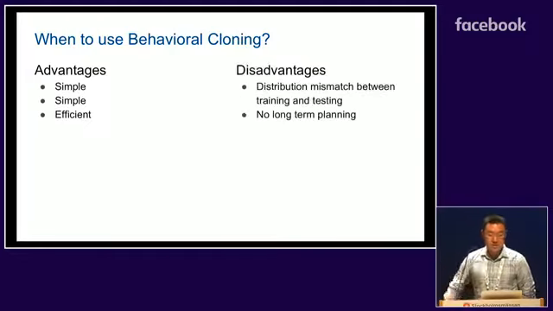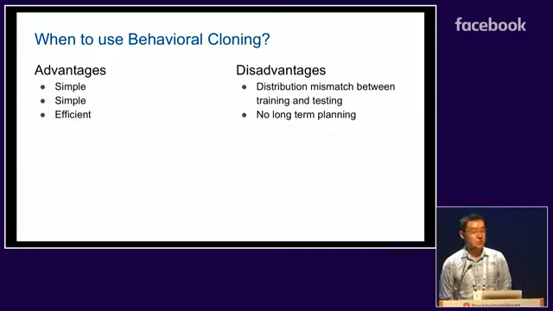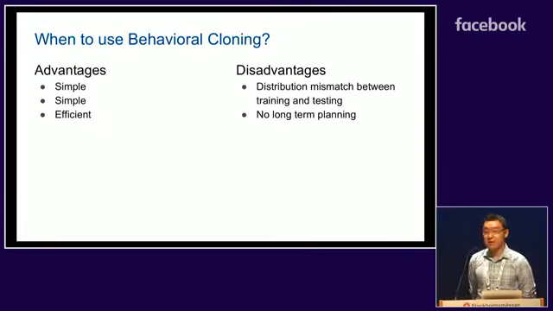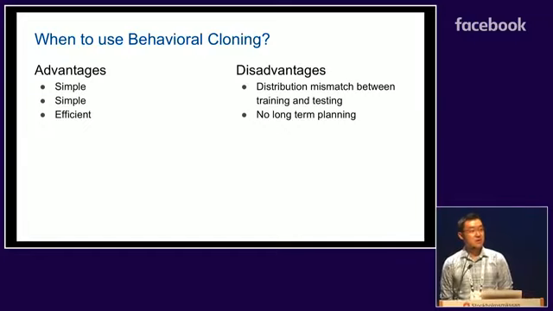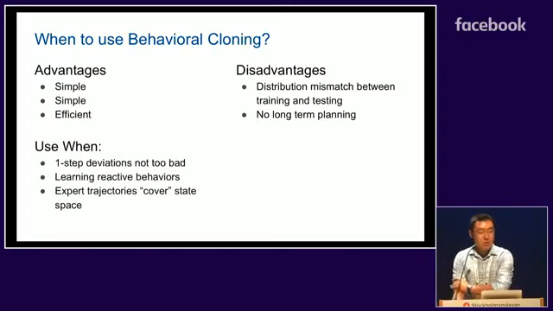The disadvantage is that there's going to be a distribution mismatch between training and testing, and that may or may not matter. If it matters, it can be pretty bad. In particular, one application where this matters a lot is when your decision-making setting requires some notion of long-term planning. So you should use behavioral cloning when one-step deviations are not too costly.